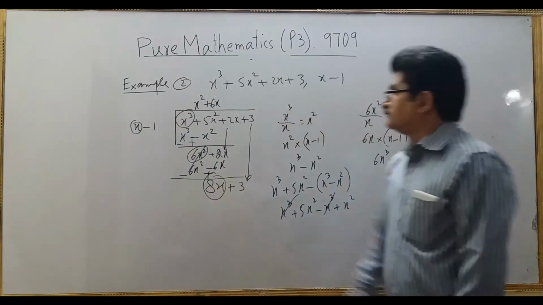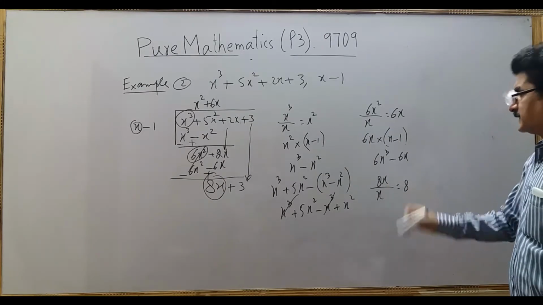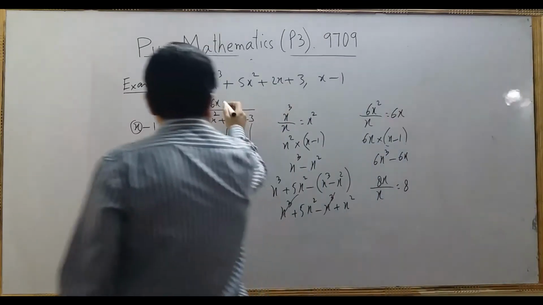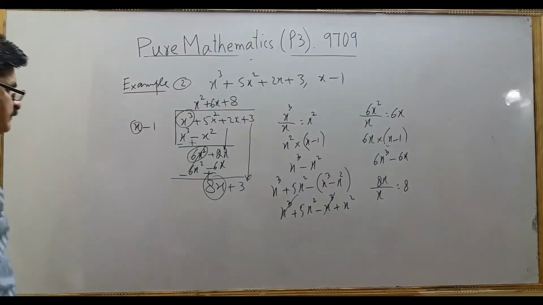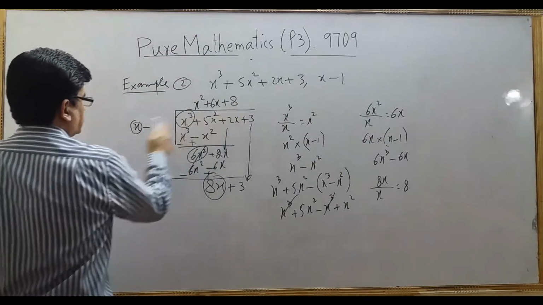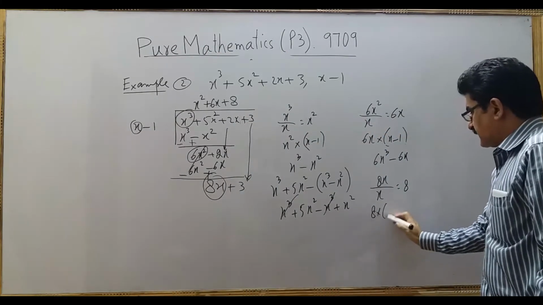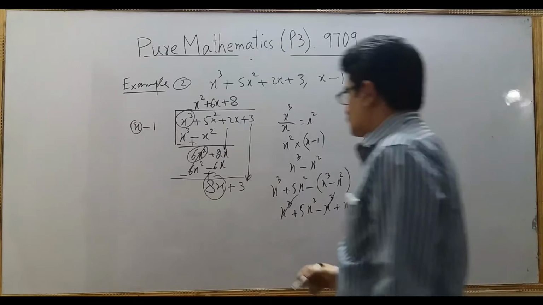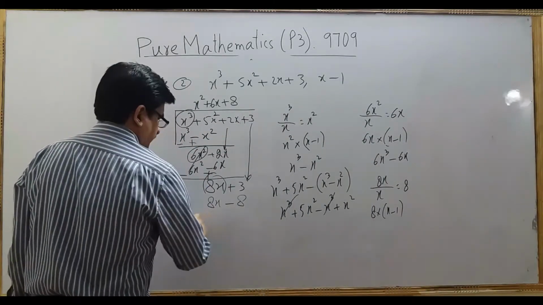Divide this first term 8x by x. You will get 8. So write 8 over here. Now multiply this 8 by x minus 1. You will get 8x minus 8.